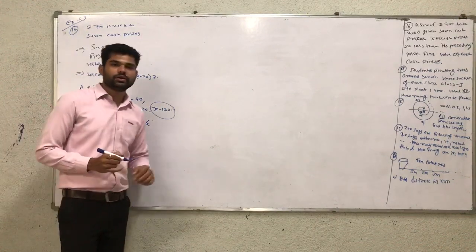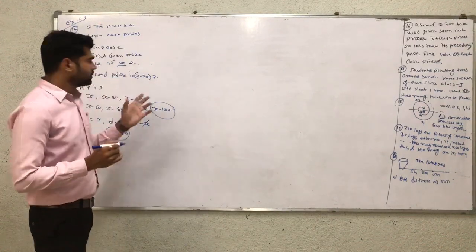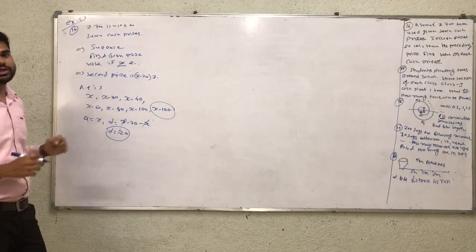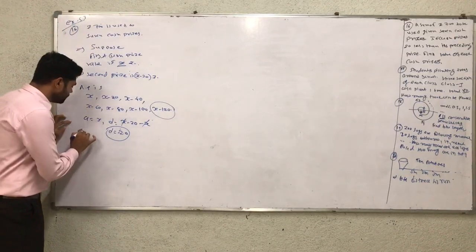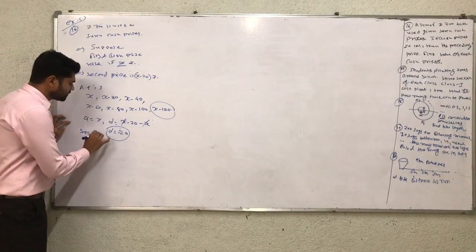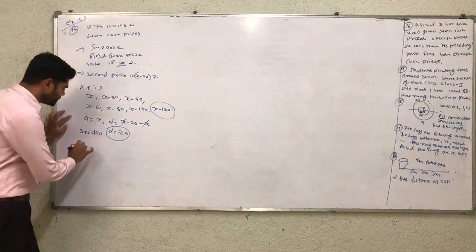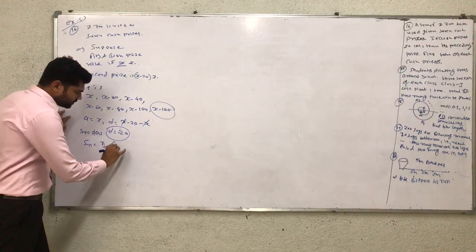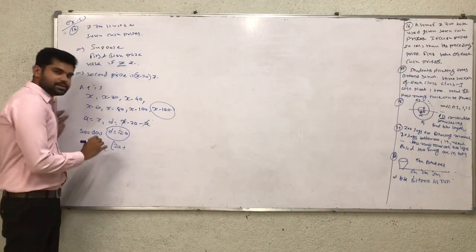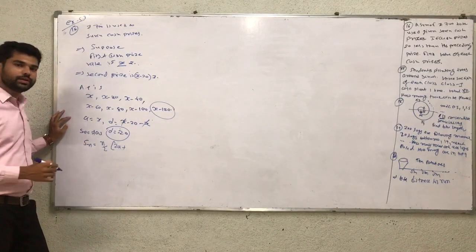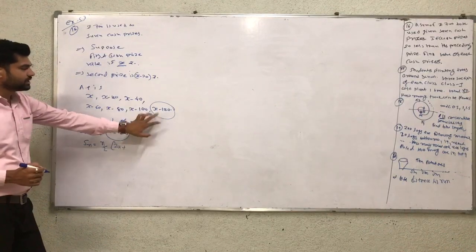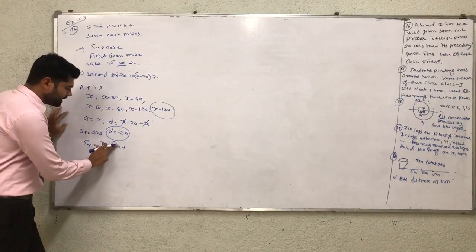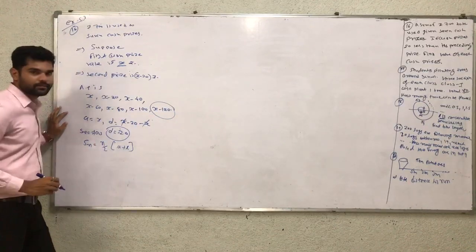Now find the value of each prize. Here 700 indicates the sum of all terms, which means the value of Sn is equal to 700. Using the formula Sn is equal to n by 2 into 2a plus n minus 1 into d, but we know our first term and last term, so we use a plus l.